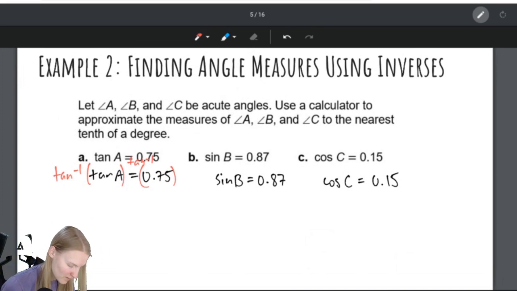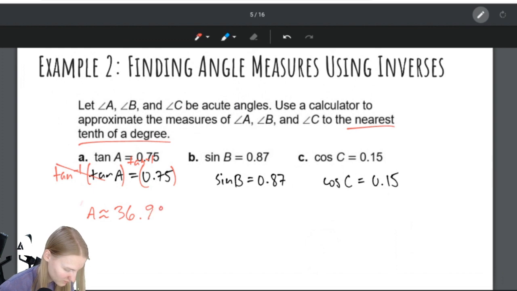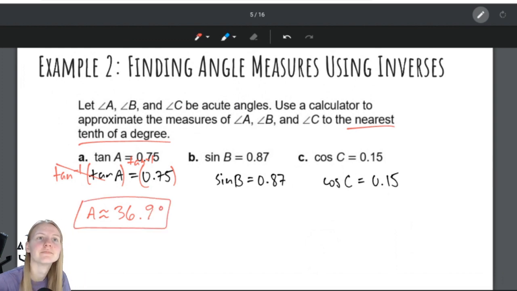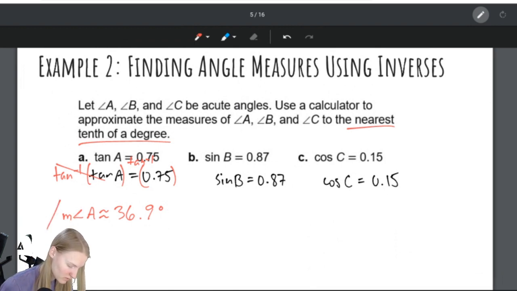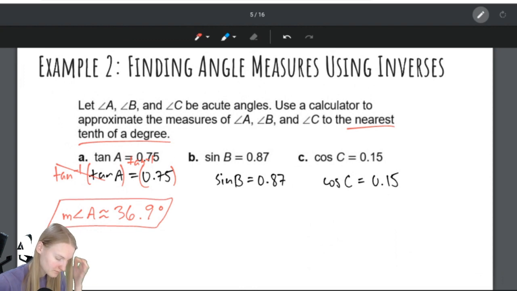So now, remember these cancel each other out, and I just get that A is approximately, to the nearest tenth of a degree, that's important, 36.9 degrees. And to be technical, we should say the measure of angle A.